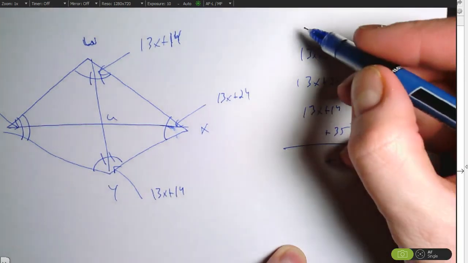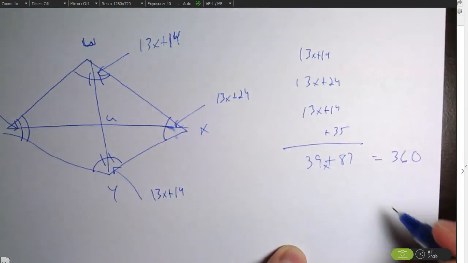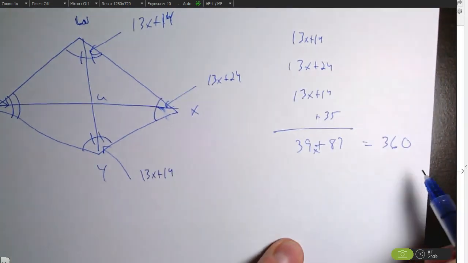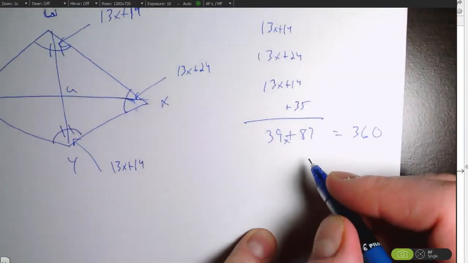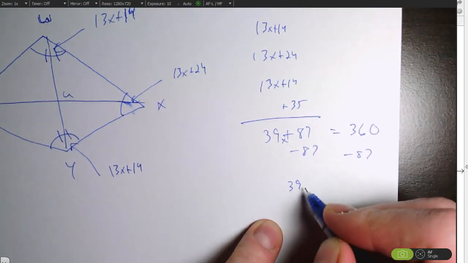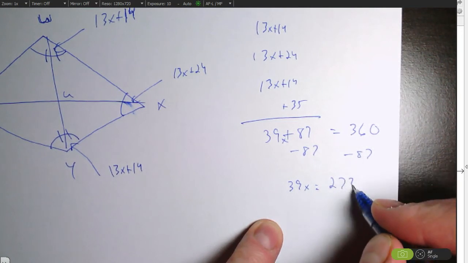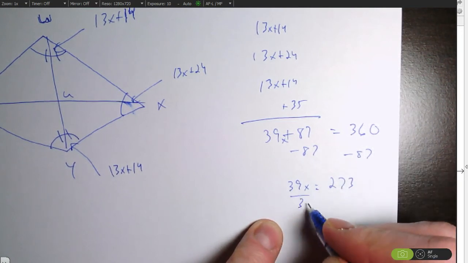Okay. 13 plus 13 plus 13 is 39x. So 39x plus 87 is 360. So subtract 87. 39x ends up being 273. Divide by 39.